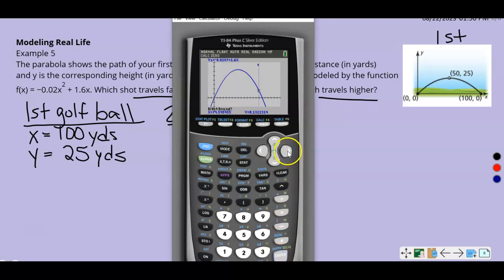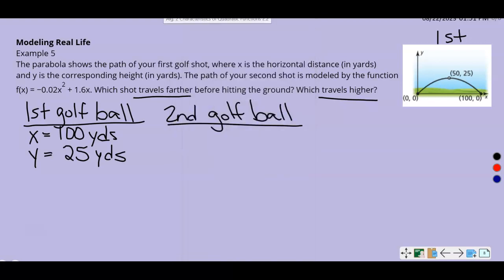Click on some point left of the 0. Scroll past it. This allows your calculator to zoom in and isolate that. So 80, 0. That's the distance traveled. So this one, the second golf ball, traveled 80 yards.